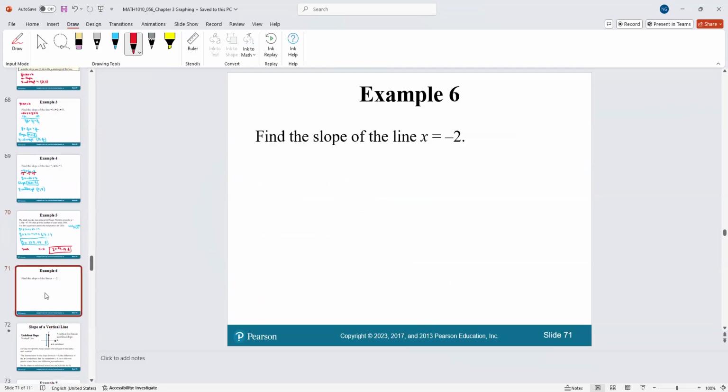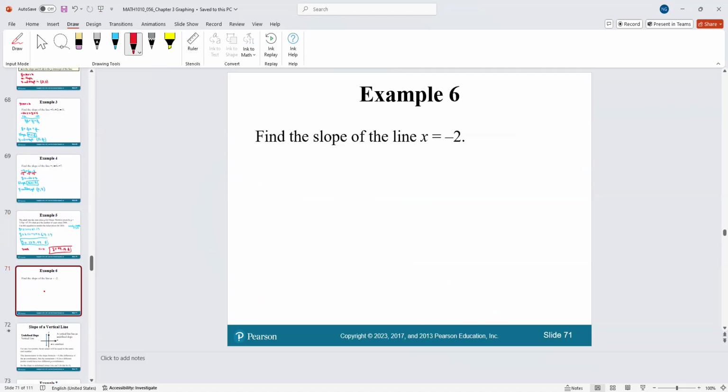Okay, I think we're good with those examples, and it's very important to quickly see how to find the slope of horizontal and vertical lines. For this line where you only have x equal to -2, all solutions must have an x value of -2.